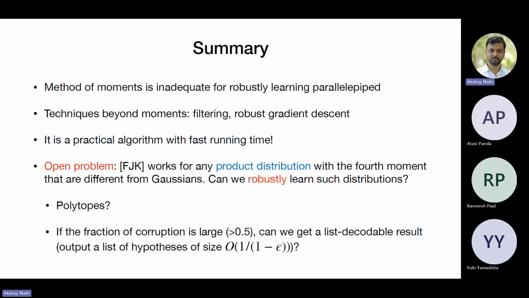Because two cubes can overlap. But in the general product distribution setting, if we have some kind of lower bound on the density, we'd be able to do something similar in that case. So essentially, the distribution itself is non-uniform.